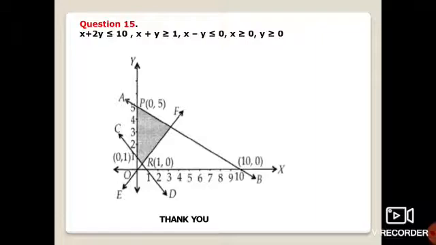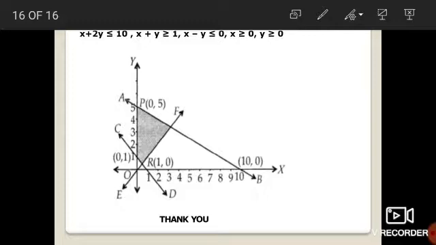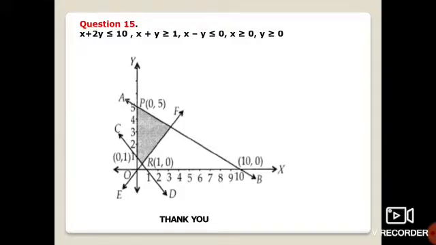This condition x greater than or equal to 0 and y greater than or equal to 0 is nothing but it lies in the positive axes. Here also draw the tabular column for all three equations and plot the points on the graph. After plotting, substitute 0, 0 in the first, second and third equations. Check whether the condition is satisfied and then shade the common region.